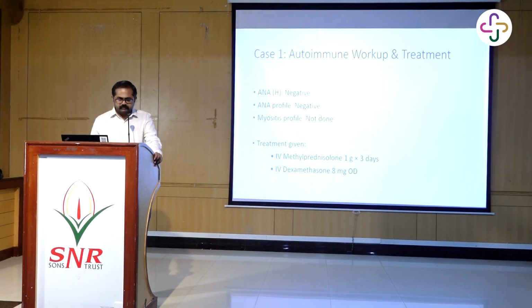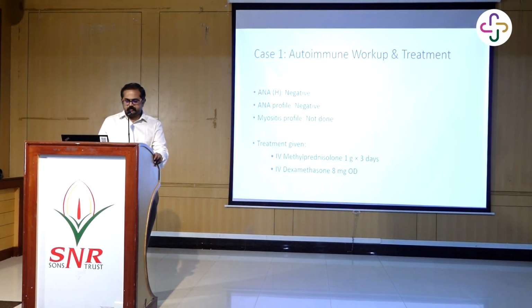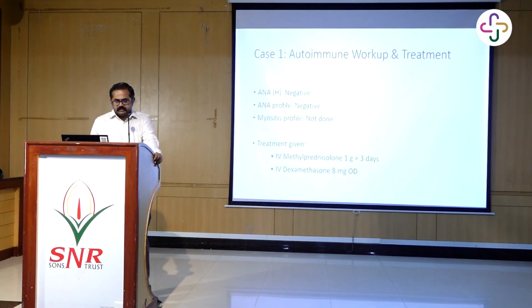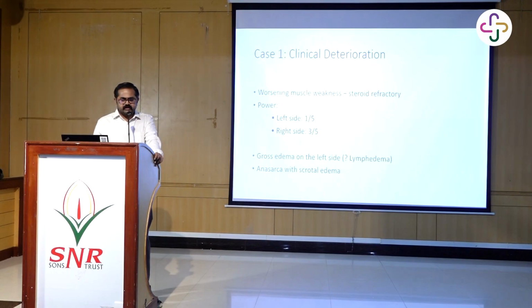They did an autoimmune workup; ANA profile was negative, and myositis profile was not done. With the evidence of PET CT, they started him on IV methylprednisolone for 3 days, followed by dexamethasone. Even after 10 days, there was no improvement of the muscle weakness, with worsening. So they referred him to our institution as steroid refractory paraneoplastic myositis.